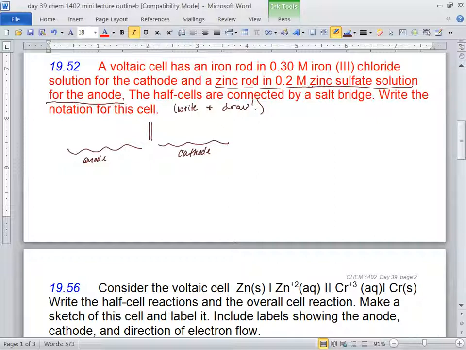That should be your anode half reaction. They didn't ask for this, but it's a lot easier if you recognize it, because then it makes it a lot easier to write the shorthand notation.